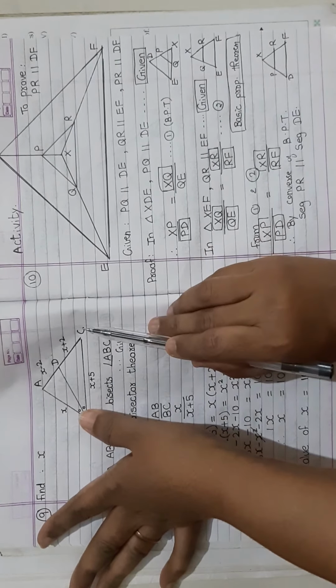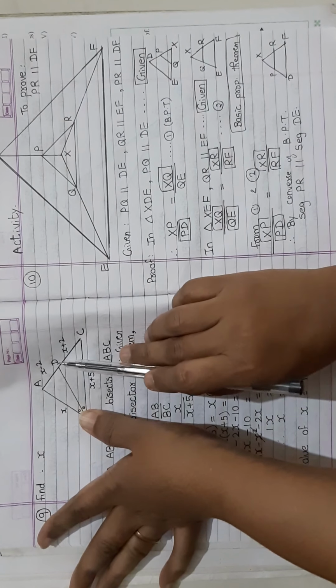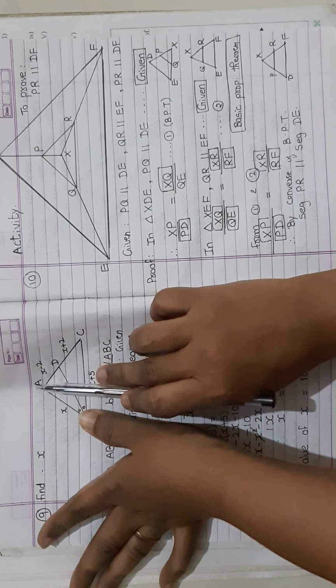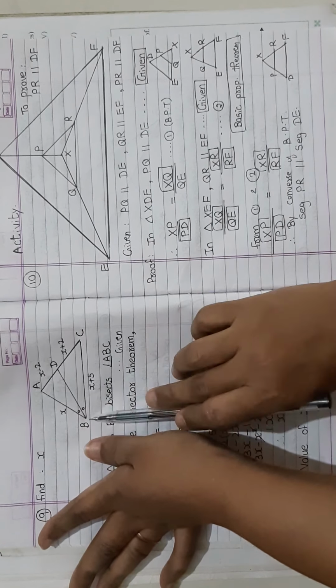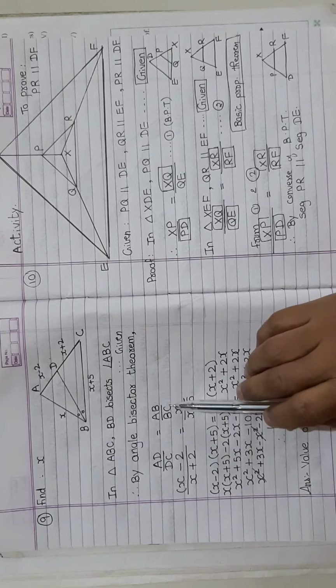If you start from C, you will be getting CD upon DA is equal to CB upon BA. Anyway, the final answer will be the same. So here I have started from A, and I have got AD upon DC is equal to AB upon BC.